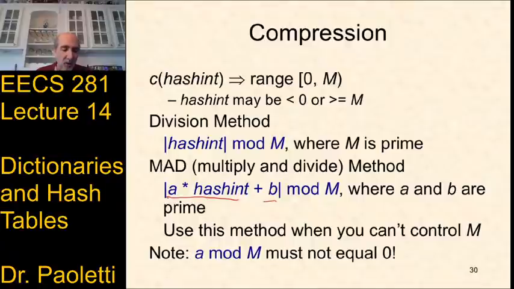Now, for this to work, A modulo M must not be equal to 0. Well, as long as A is a prime and M is not a prime, the only way that a prime modulo M could be 0 is if M is equal to A. If we make sure M is never a prime, that it grows by doubling and starts out at something that's not a prime, we're fine. This will never happen.